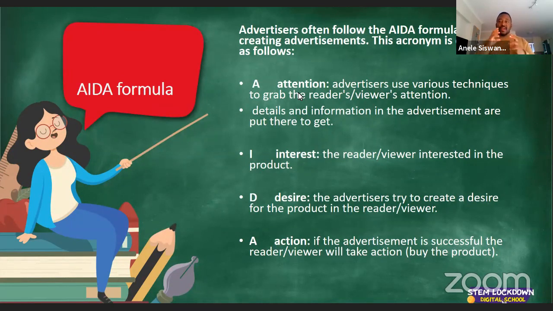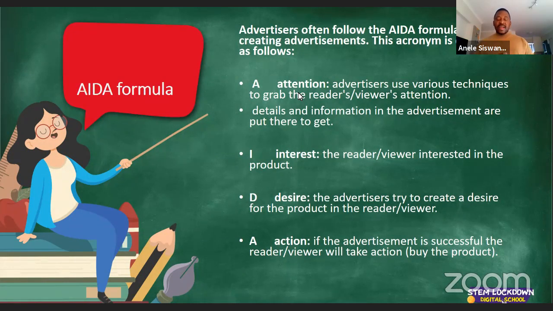A is for attention: advertisers use various techniques to grab the readers' or viewers' attention. Details and information in the advertisement are always there. I is for interest: the reader or viewer must be interested in the product.